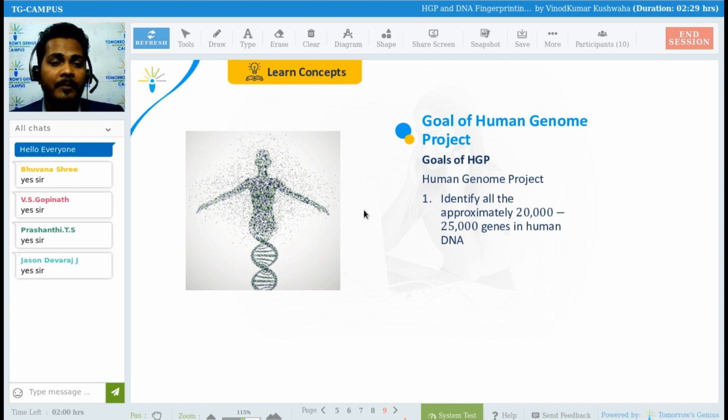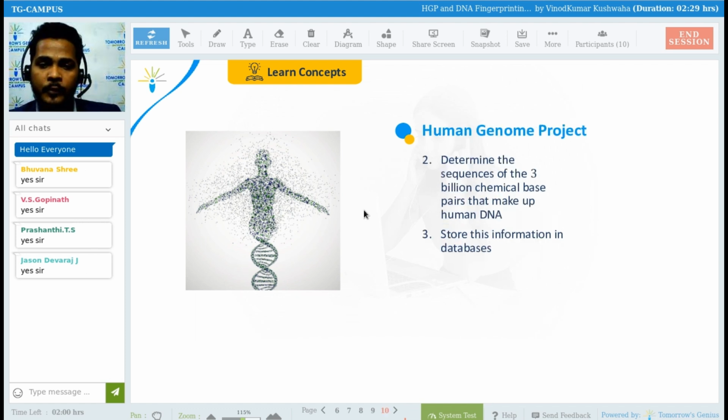Another goal is to determine the sequence of the 3 billion chemical base pairs that make up the DNA.